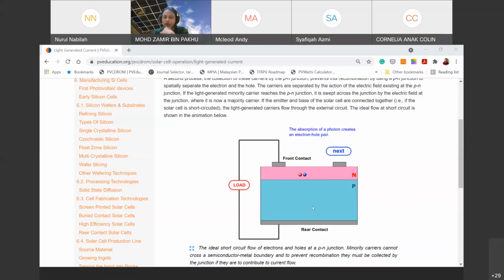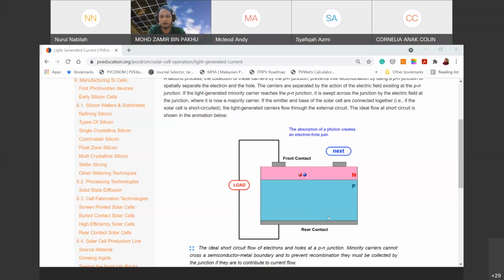And if you talk about red photons, they'll be absorbed at the back, near the contact or before the contact. So in this case, just to illustrate the UV photon, the photon absorption results in electron hole pair generation in n-type.